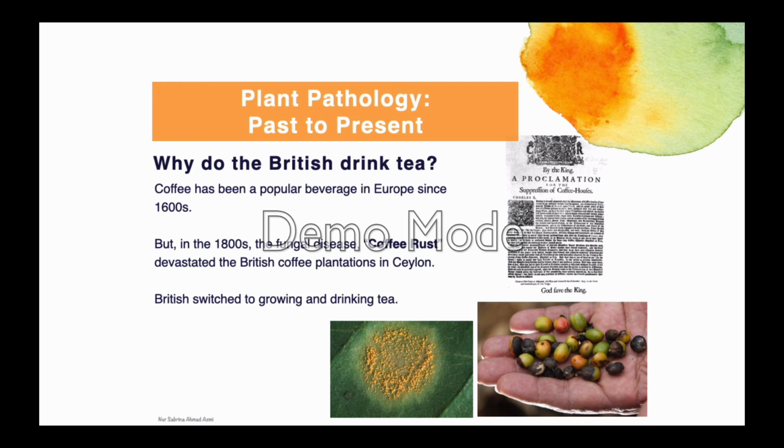However, during the 1800s, the fungal disease coffee rust infected the British coffee plantations in Ceylon, or Sri Lanka. Because of that, not enough coffee beans were produced. So instead of being heavily dependent on coffee cultivation, the British switched to growing tea and also drinking tea. That's why you can find tea in the Sri Lanka area.